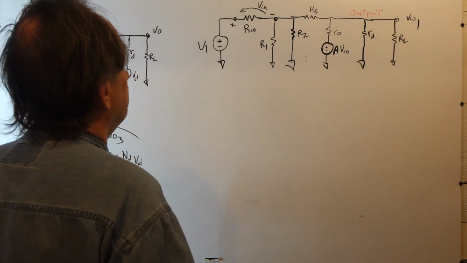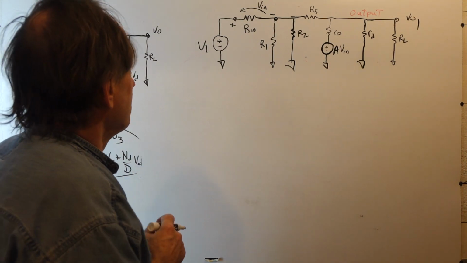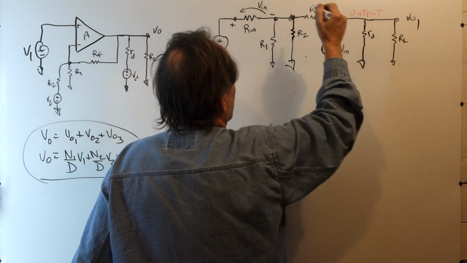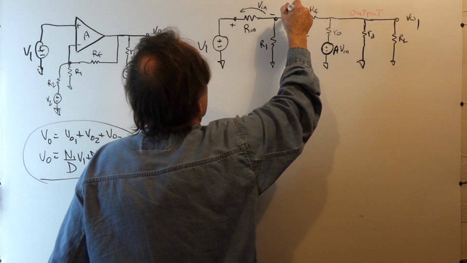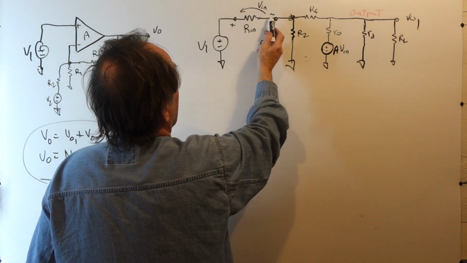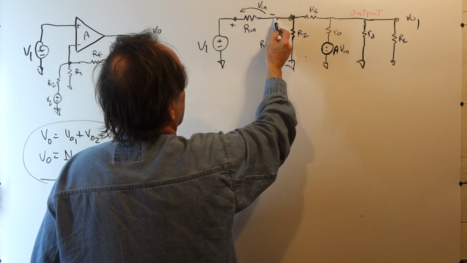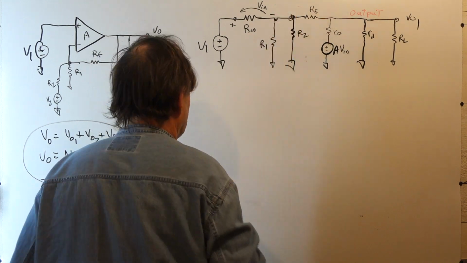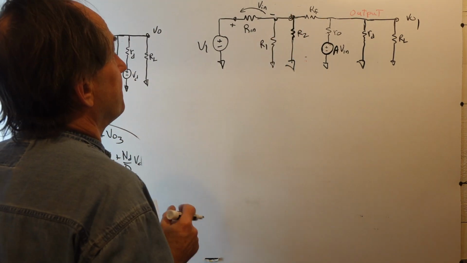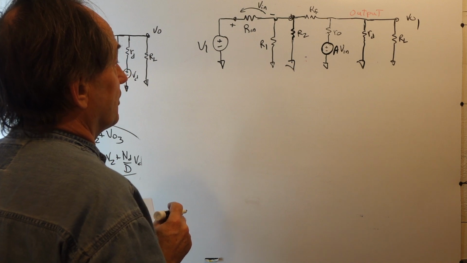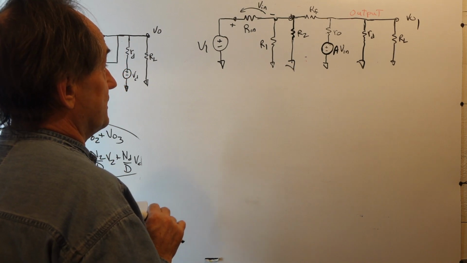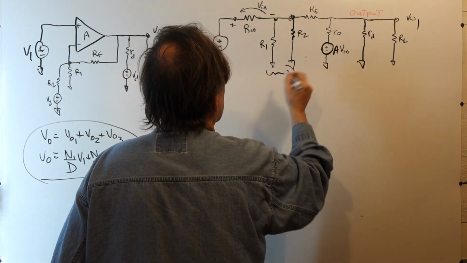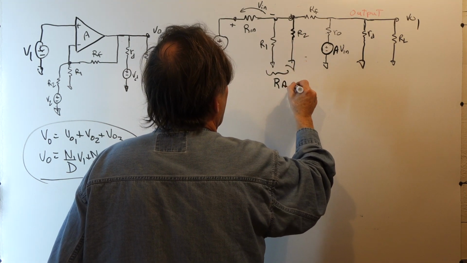As before, we need to look at the input and the output using node voltages. This is VO1. The node voltage here is V1 minus Vn, going from this terminal to ground. We have minus Vn plus V1. Now I'm going to define some terms here to make it easier in solving. We have R1 and R2 in parallel, so I'm going to call this RA.